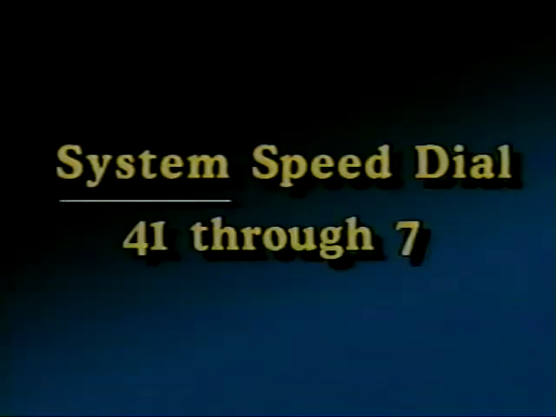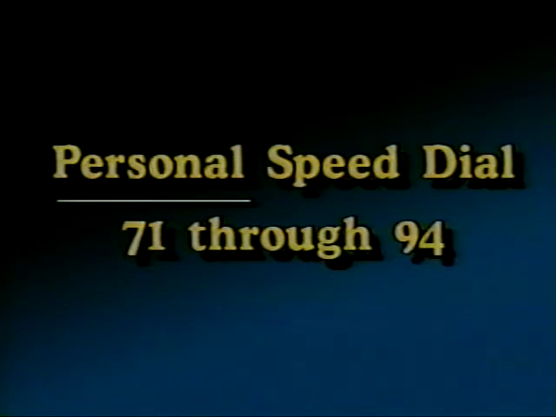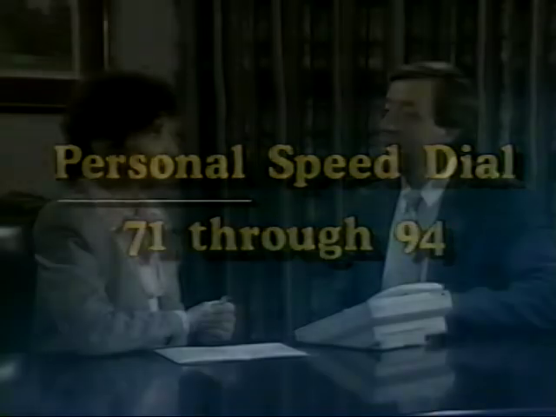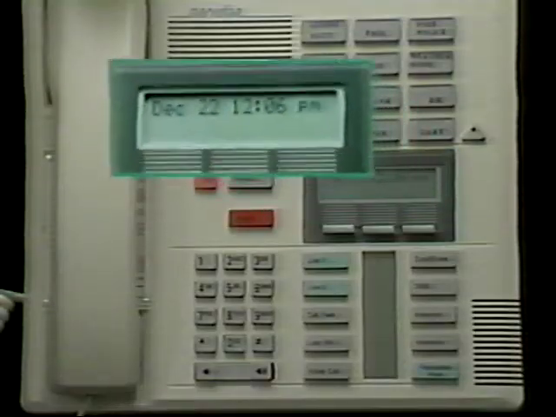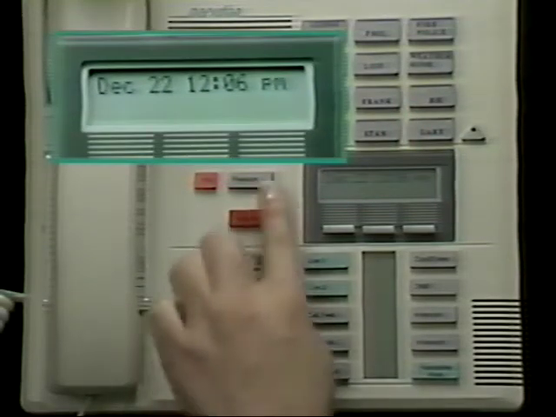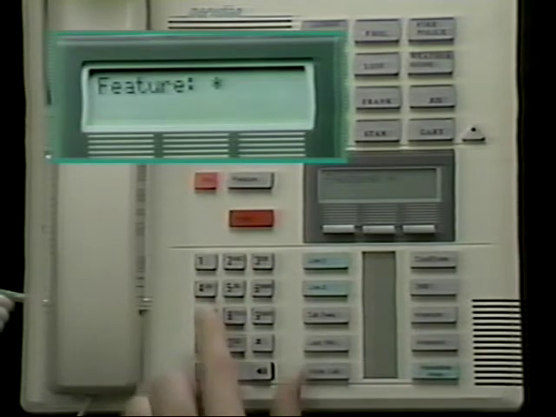I see. Now, system speed dial numbers range from 41 through 70, and personal speed dial numbers range from 71 through 94. Amy, would you like to enter a personal speed dial number on your set? Sure. Okay. Now, on the modular system, to enter a personal speed dial number into your set, press Feature, Star, and 4.